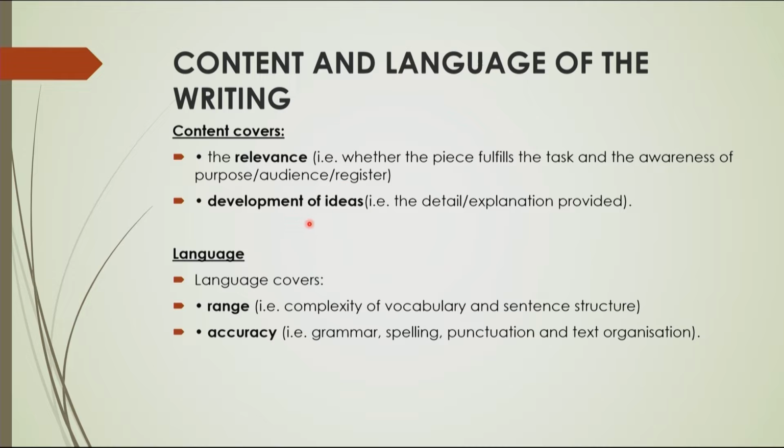Development of ideas, such as the detailed explanation provided. Language here covers range and accuracy, complexity of vocabulary and sentence structure. In accuracy, you have to focus on grammar, spelling, punctuation and text organization.